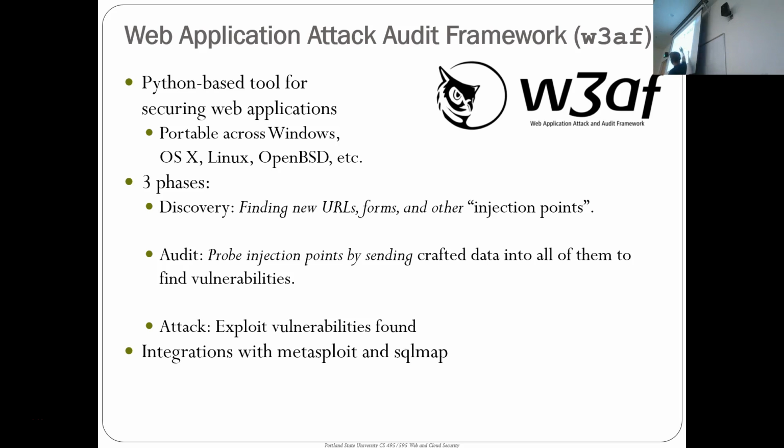There's an audit that says probe that route for a particular kind of vulnerability. So it's more than just a single purpose web vulnerability scanner. You've got a library of vulnerabilities that you can check with W3AF. And then there's an attack mode where you can actually do an exploitation of that vulnerability.